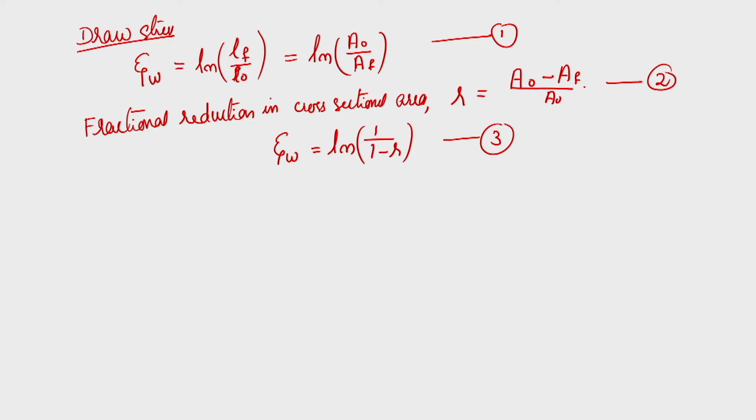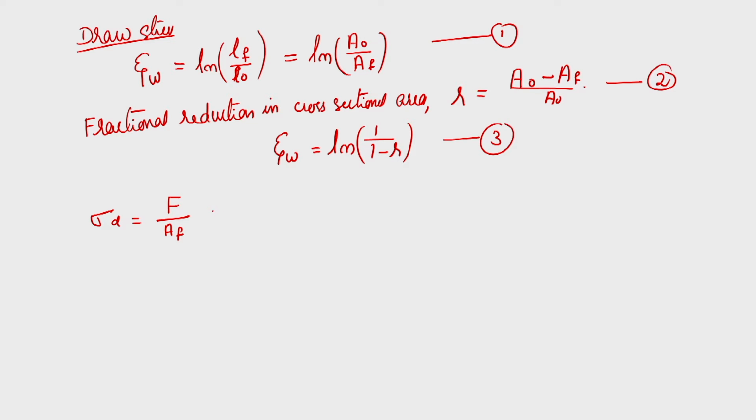And the drawing stress sigma d can be obtained from the work done by the total pulling force F divided by the final cross sectional area.